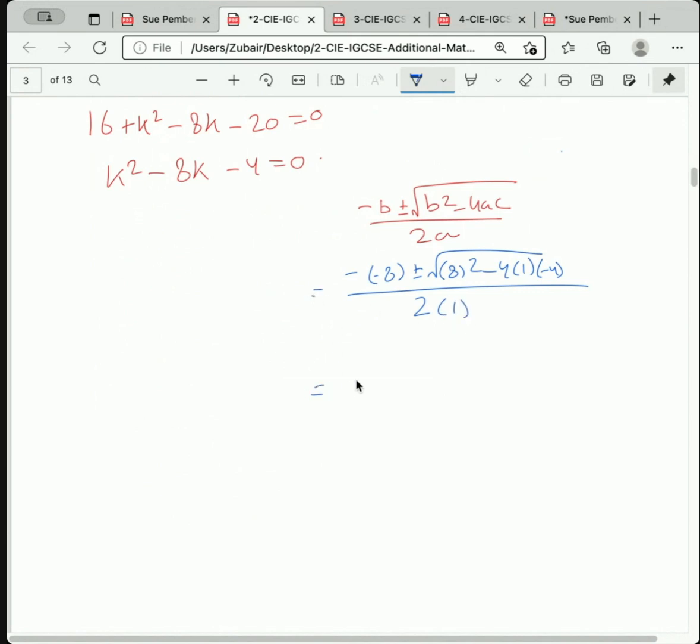Using the calculator, I'm getting 4 plus 2 square root 5, and with the negative sign I'm getting 4 minus 2 square root 5.